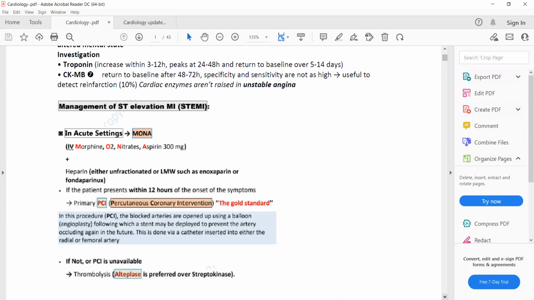There is only a slight difference between the management of these three conditions. First, we will discuss the management of ST elevation MI. The patient who presented to us with central chest pain and the ECG shows ST elevation. How are we going to manage such patients?